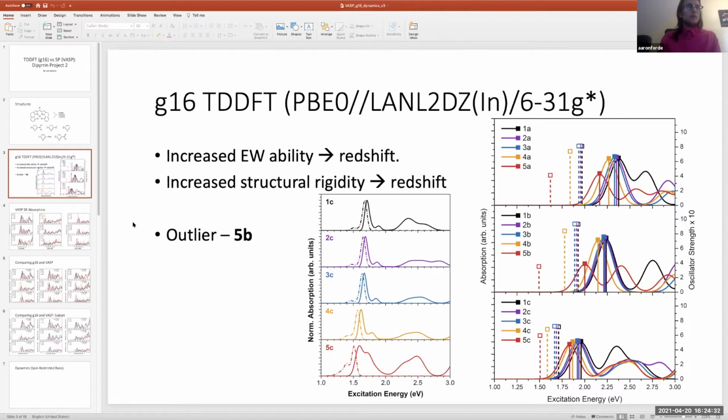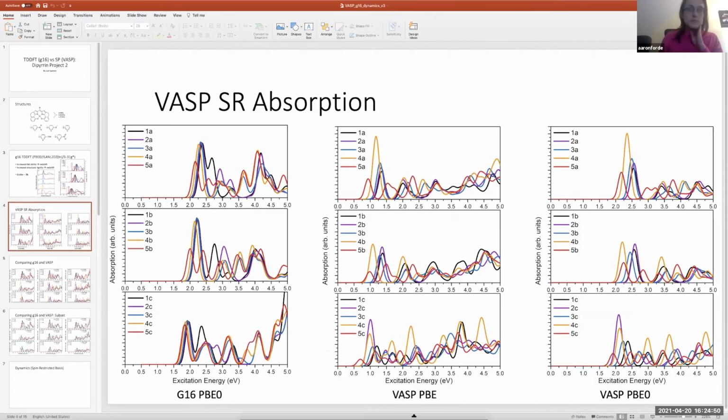So we wanted to check to see if these trends stayed consistent if we implemented them in VASP software, where we can compute dynamics. And so that's what is shown here, testing different functionals.